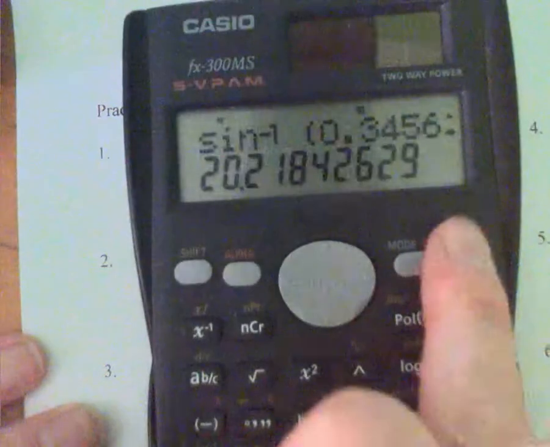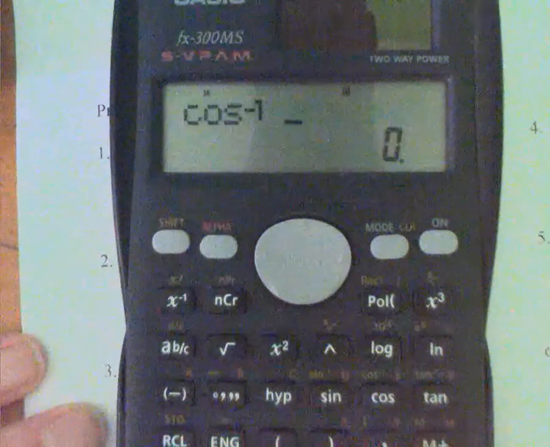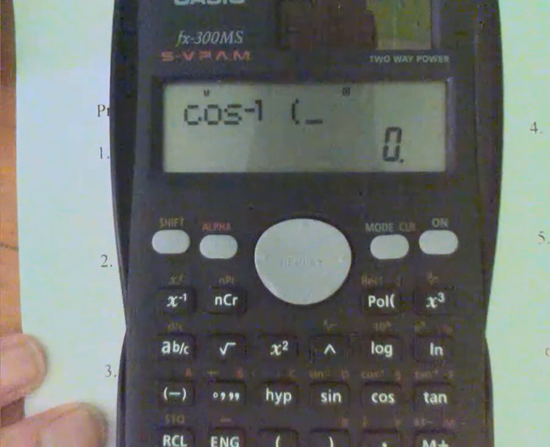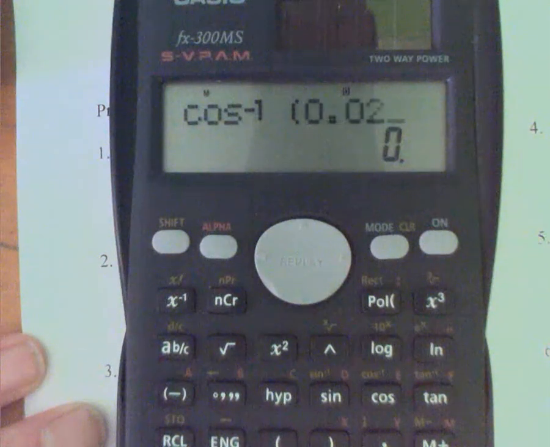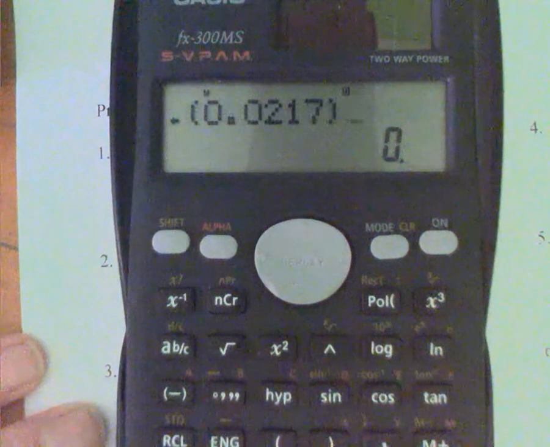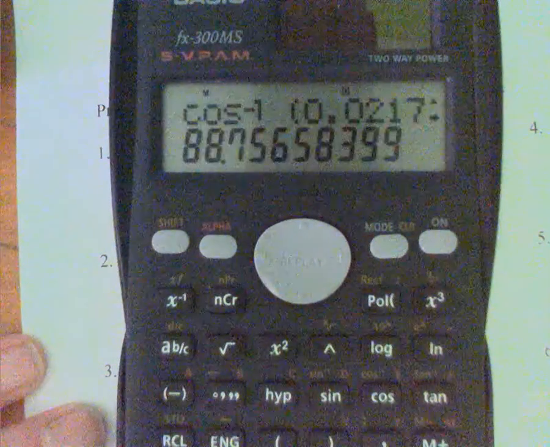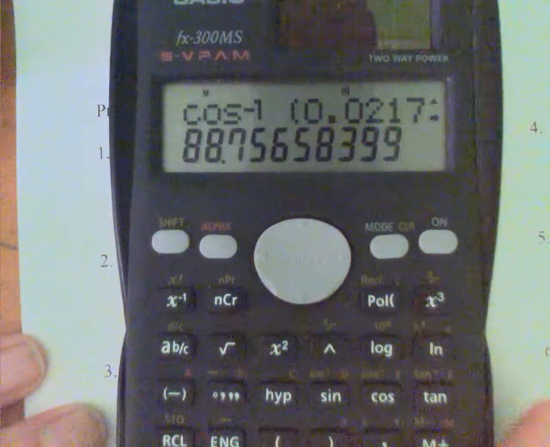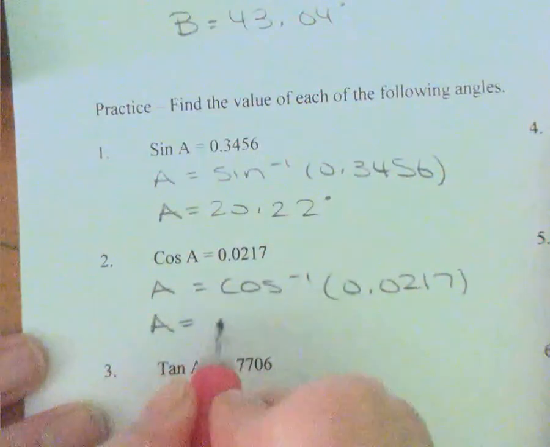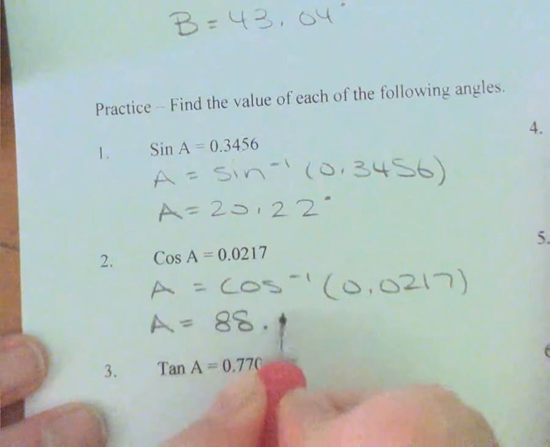I'm going to try this one with cos. Again, I'm going to put it all in my calculator. Then I hit close bracket on the end, and I hit equals. Okay, and I get 88.76.